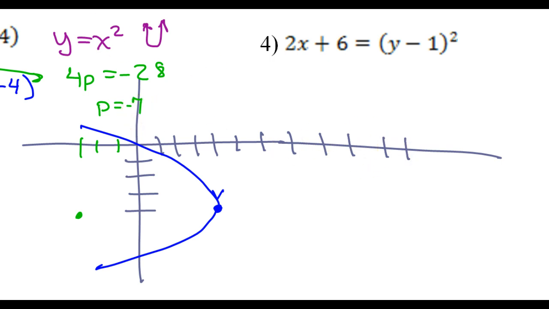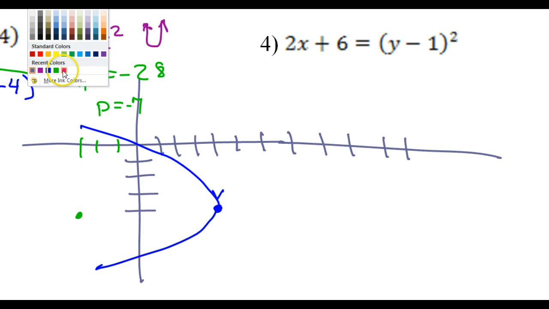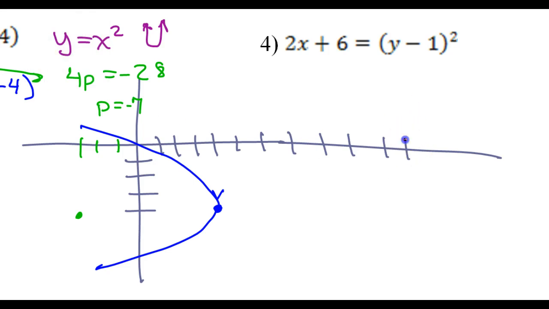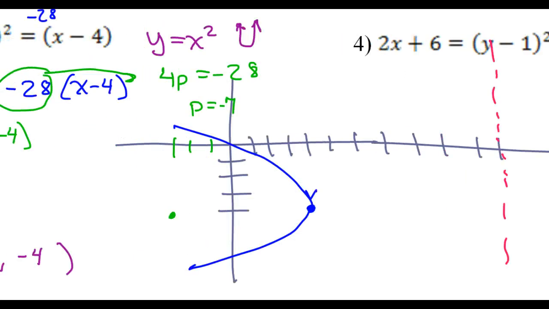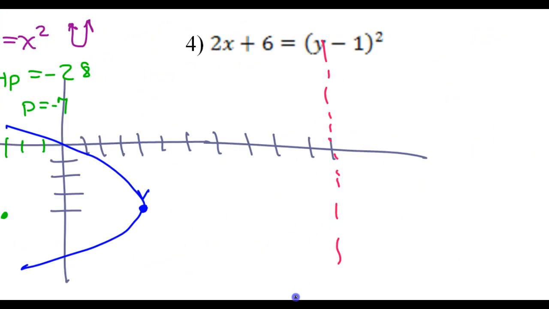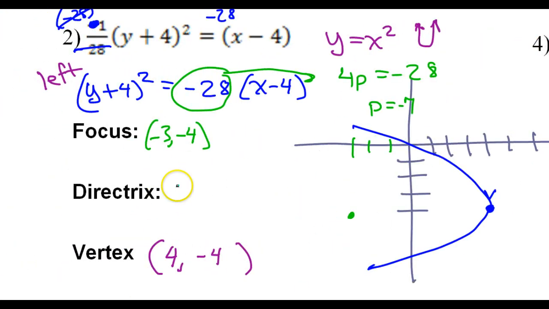So here's my directrix over here. Okay, and if this is 4, then this is 5, 6, 7, 8, 9, 10, 11. All right? So a vertical line is x equals. So this is going to be x equals 11.